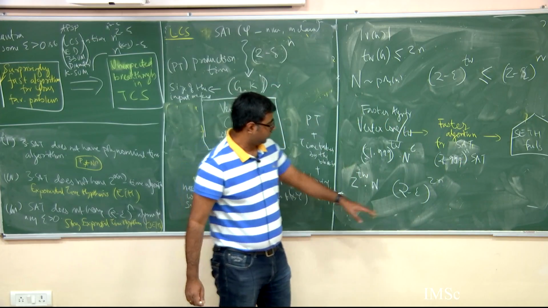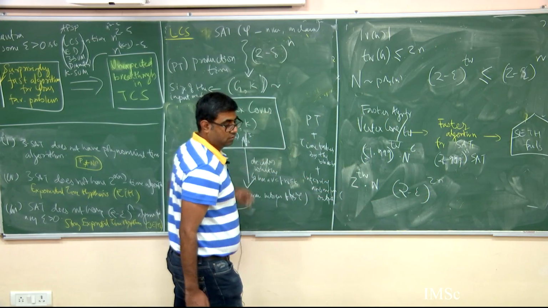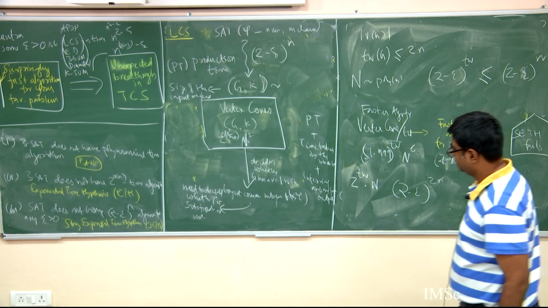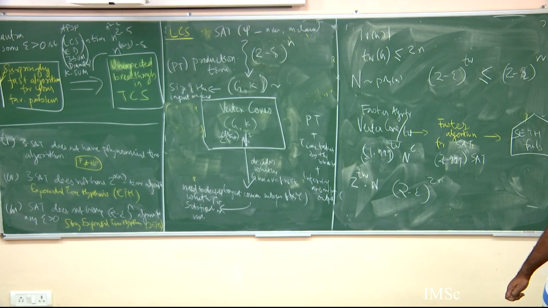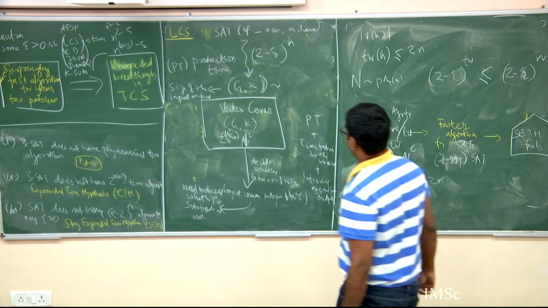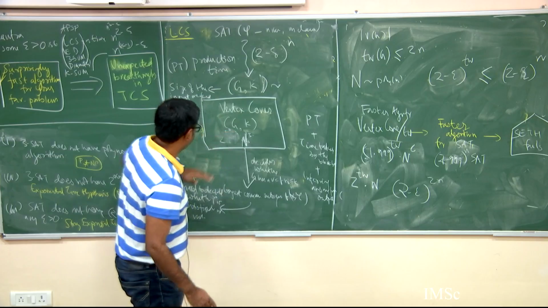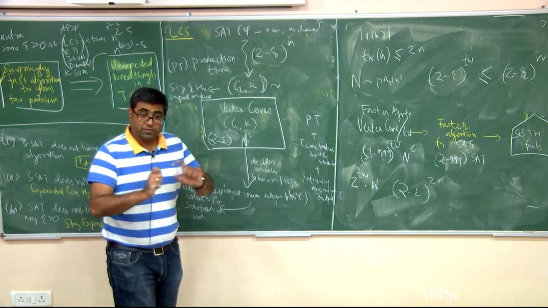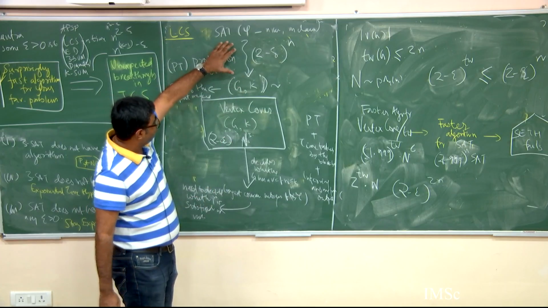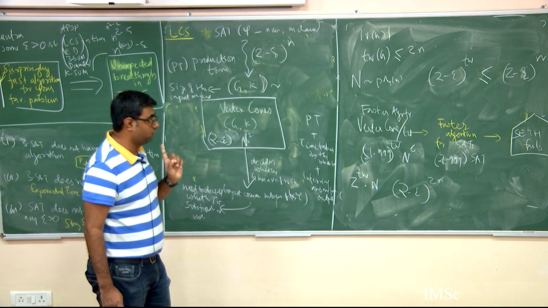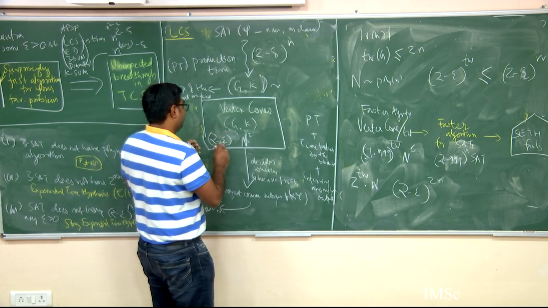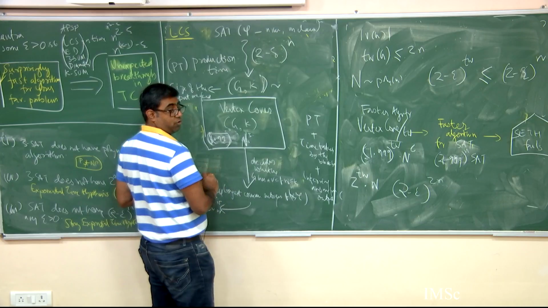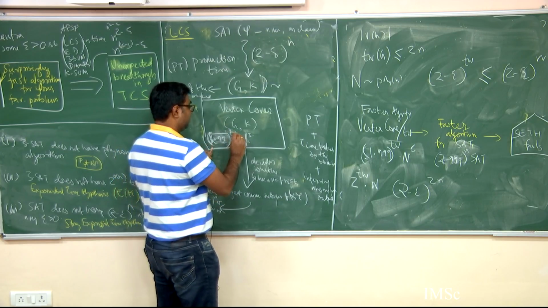So a lot of things are very delicate. Now what you are able to do then is I can only say that the square root of 1.99 to the power tree width is not possible.